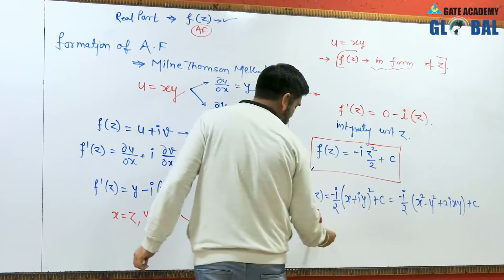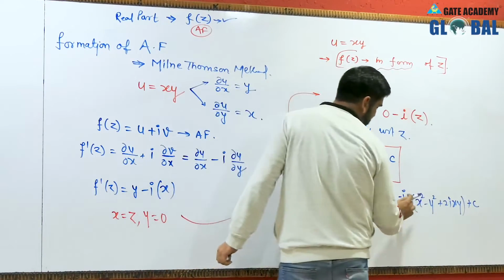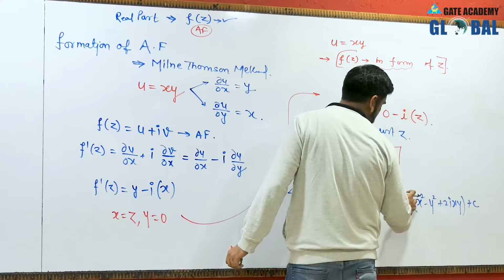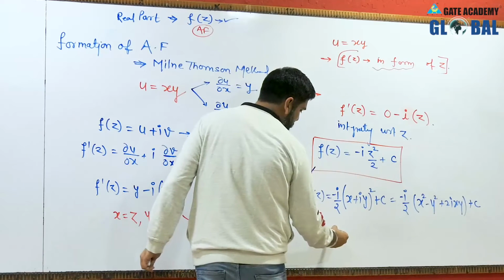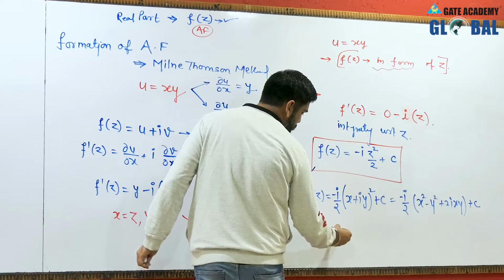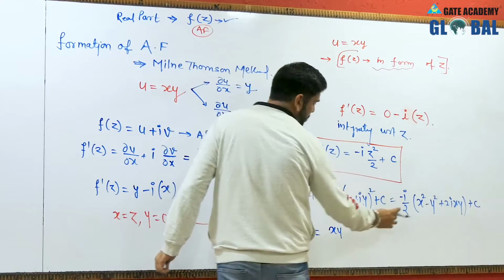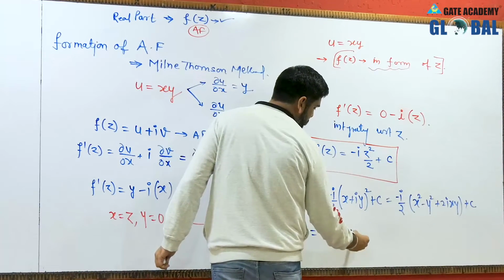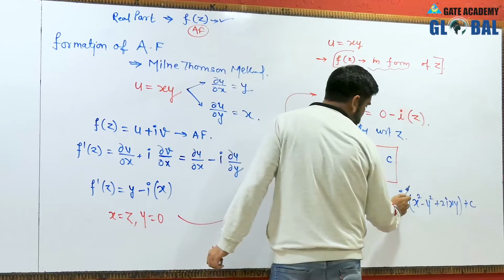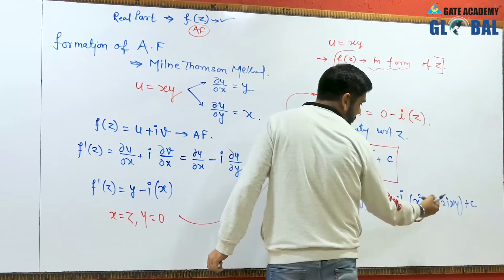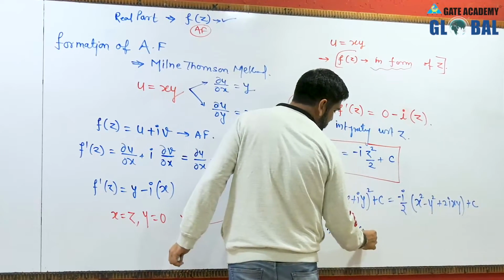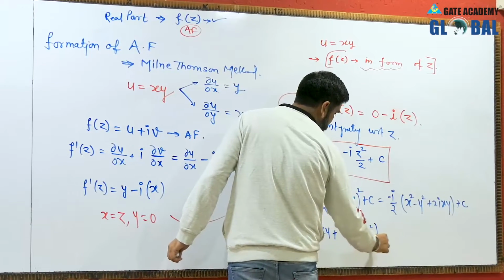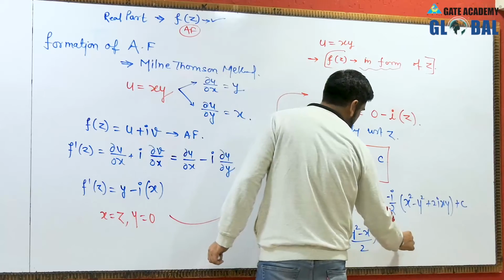If I am multiplying these two values, i square is minus 1, so minus and minus gives plus, so I am having x y, and this 2 and this 2 cancel out. Then i is common, and the values are swapped, so I am having y square minus x square by 2, plus c.